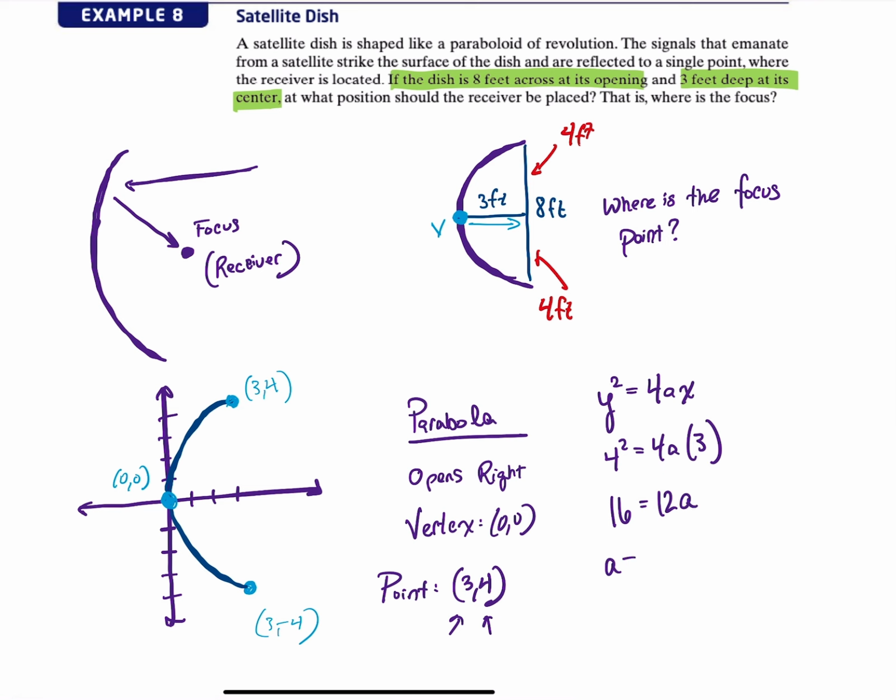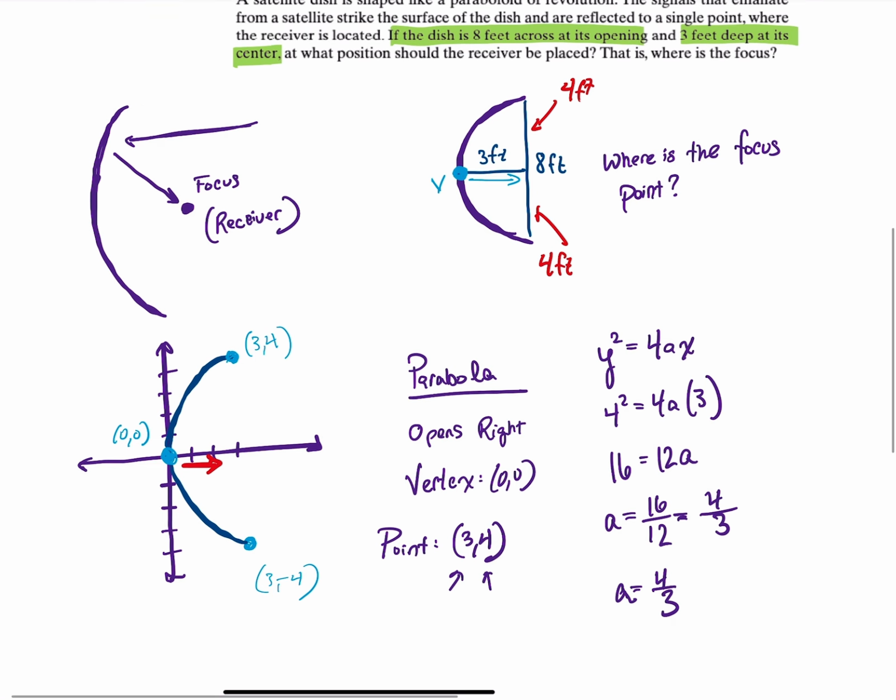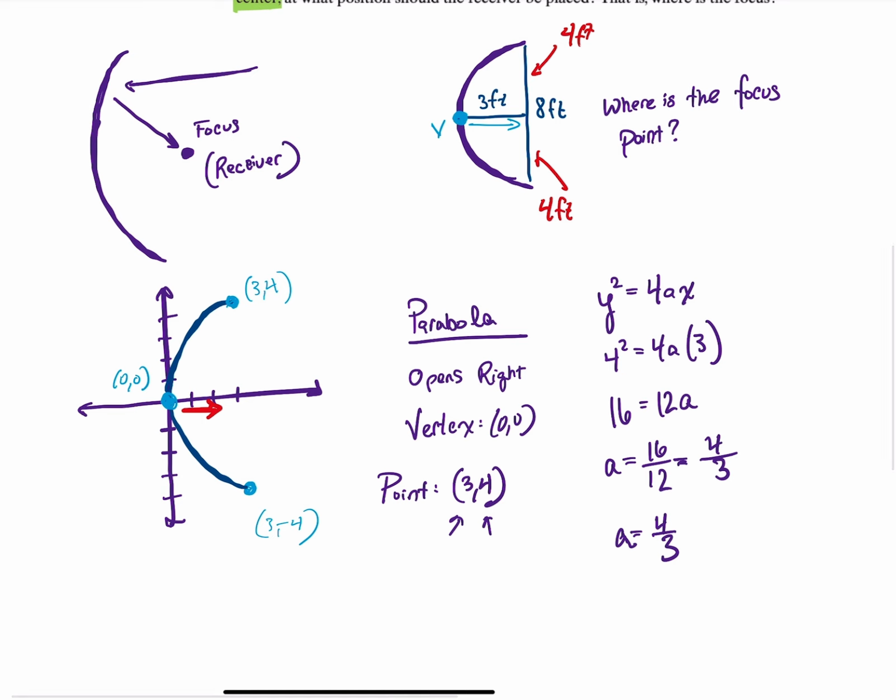That means that a would equal 16 over 12. Dividing both by 4, this would give us 4 over 3. And what is a? A is our distance from the vertex to our focus point. So that means our receiver should be a distance of 4/3 feet above this central point. So we can answer in those terms.